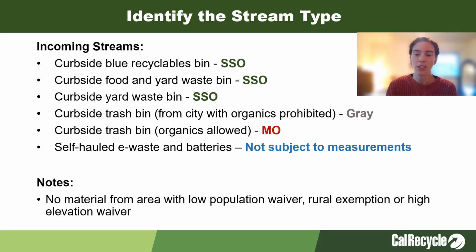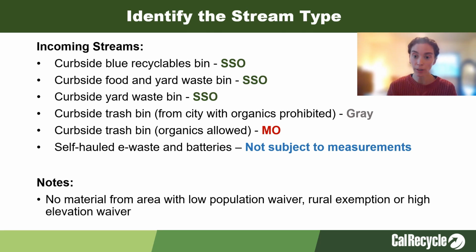So now that I've classified these streams, I thought it was a good idea to check to see if any of the material that Trash City was receiving was from an area with a low population waiver, a high elevation waiver, or rural exemption. If material was received from an area with a low population waiver or a rural exemption, then that material is not subject to measurement.